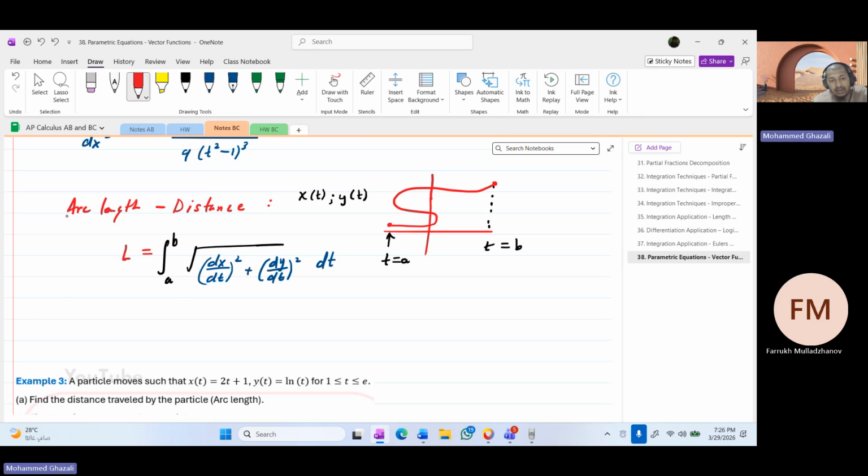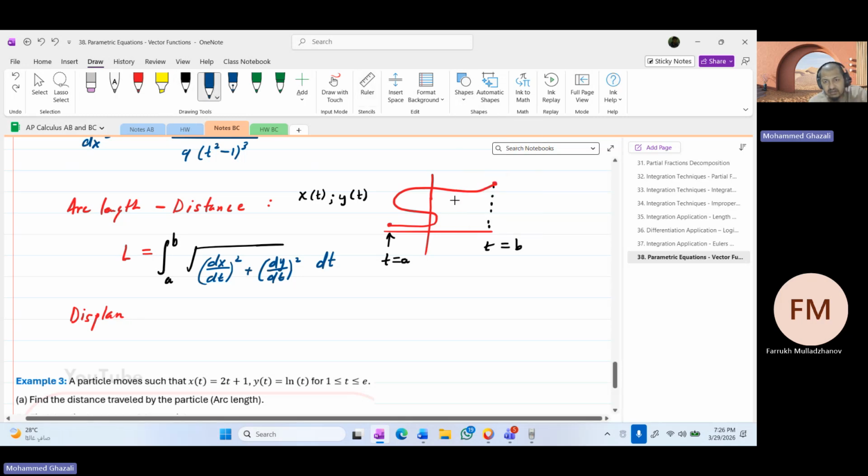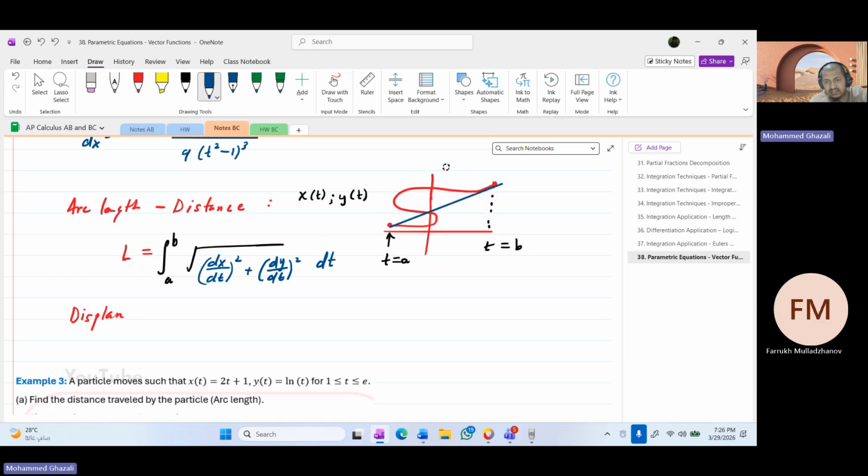And what is the displacement? Displacement is easy, it's just the straight line distance from starting point to ending point. Displacement is always a straight line. Distance is a problem.